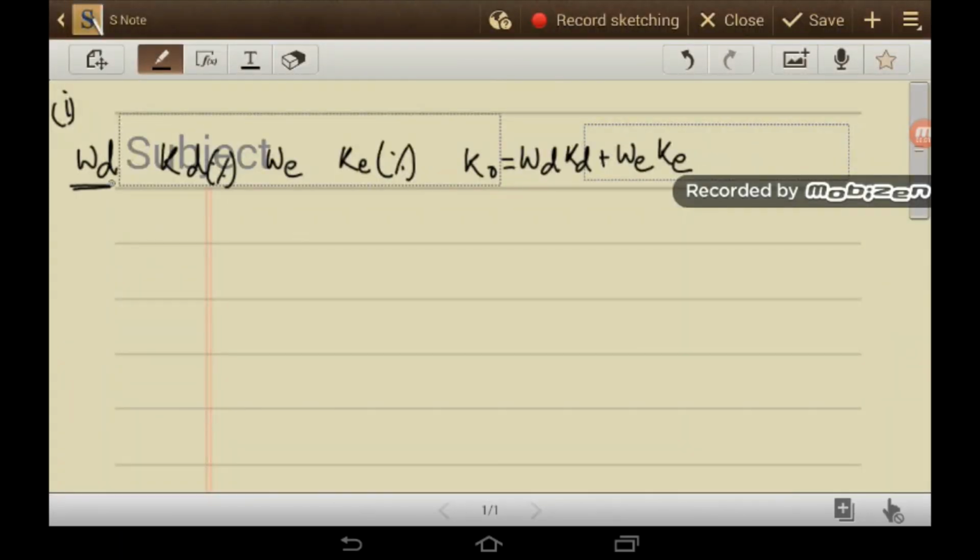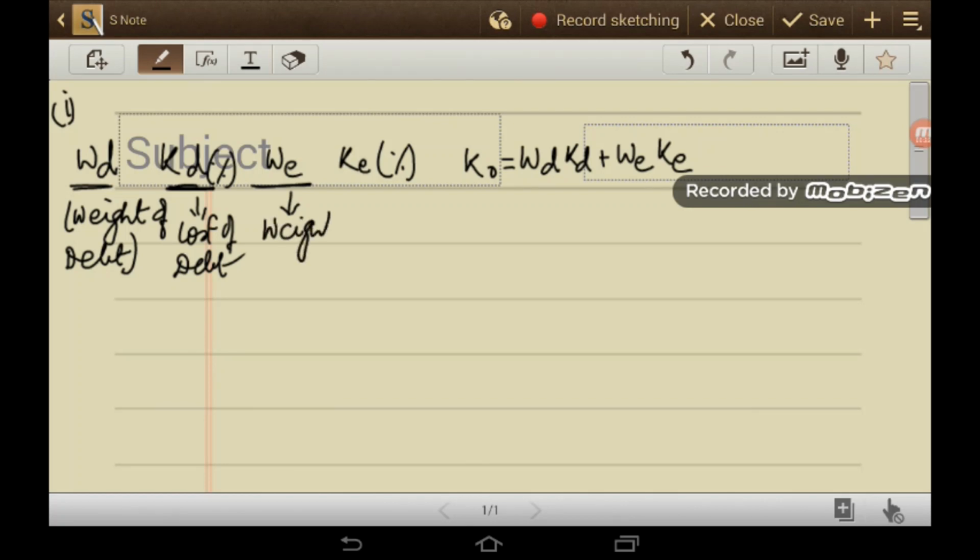WD is the weight of debt. KD is cost of debt. WE is the weight of equity.